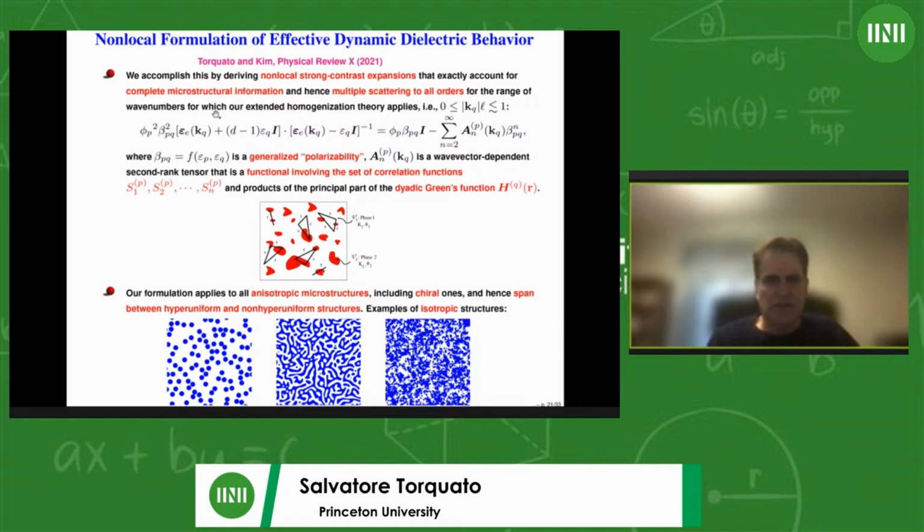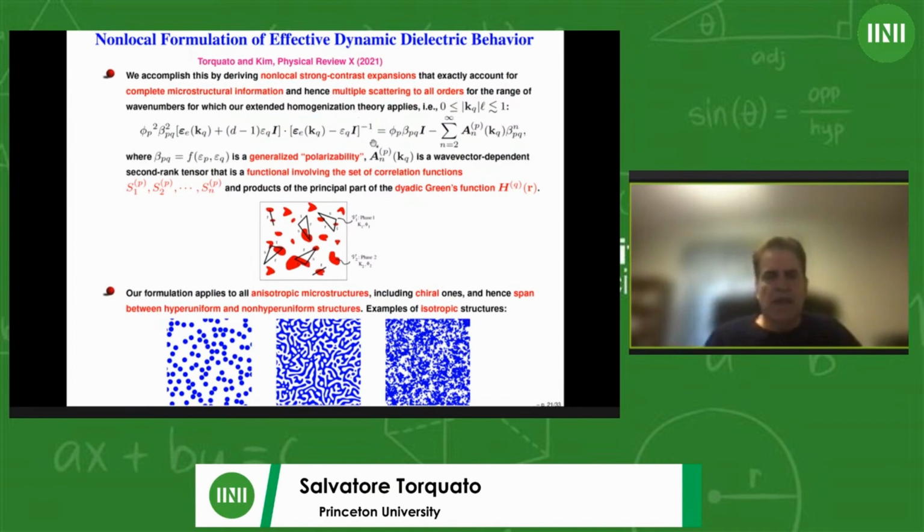The thing that I want to bring your attention to is that this is actually a fractional linear transformation of the effective dielectric constant tensor. On the right-hand side, the parameter involved in the expansion is this generalized polarizability that I call beta_PQ, where P and Q are either phase 1 or phase 2. P is equal to 1 or 2, and Q is equal to 1 or 2.